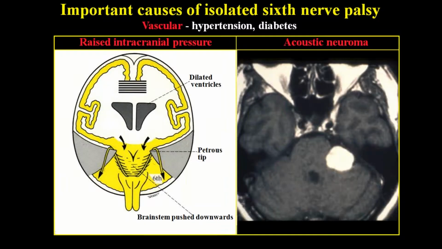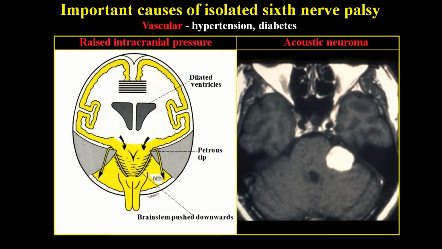So what are the causes of isolated sixth nerve palsy? Whenever there is raised intracranial tension, this nerve, which passes over the petrous tip of the temporal bone, is pressed upon and it leads to palsy. So in a patient with sixth nerve palsy, the first thing you have to rule out is raised intracranial tension.